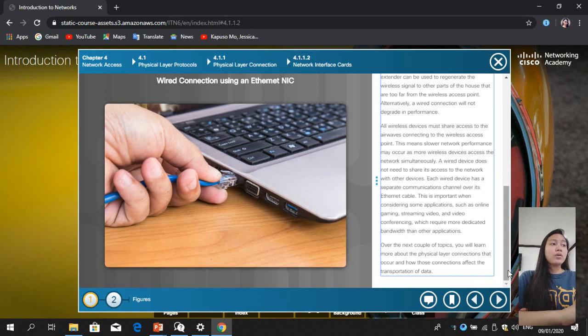This means slower network performance may occur as more wireless devices access the network simultaneously. A wired device does not need to share its access to the network with other devices. Each wired device has a separate communications channel over its Ethernet cable. This is important when considering some applications such as online gaming, streaming video, and video conferencing, which require more dedicated bandwidth than other applications.